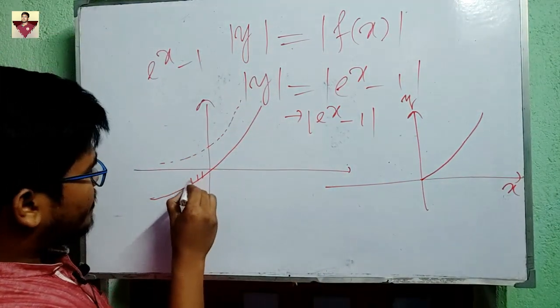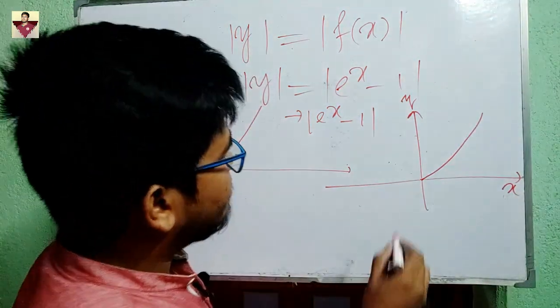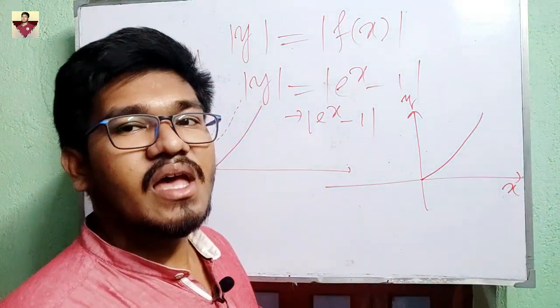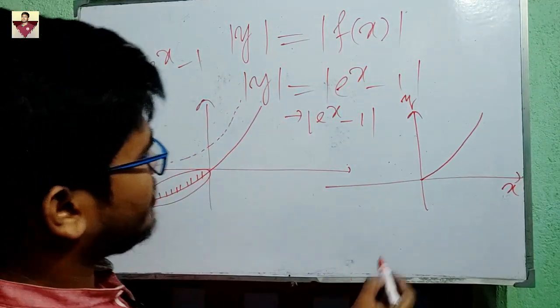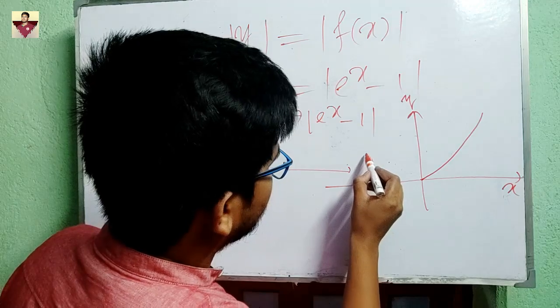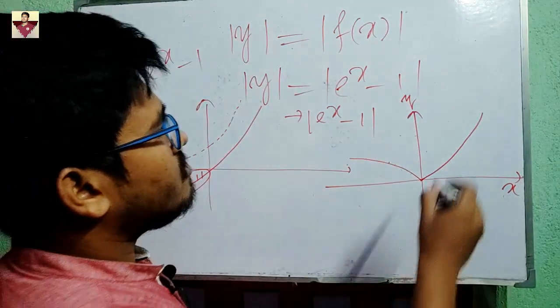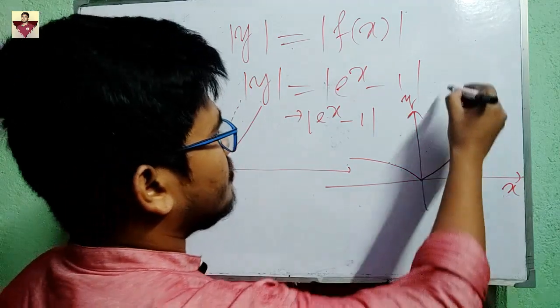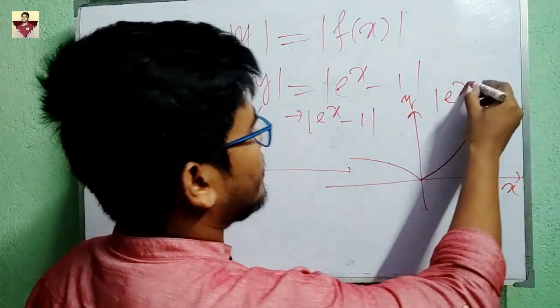This negative part will be inverted to the positive side, taking the x-axis as the plane of mirror. So I will take the mirror image of this portion about the x-axis. The graph will look like this. This is the graph for mod of e to the power x minus 1.